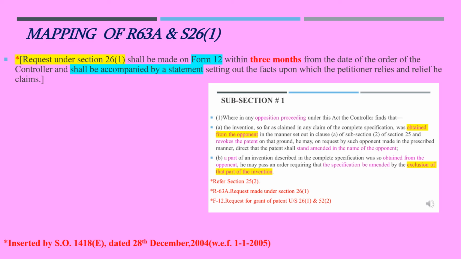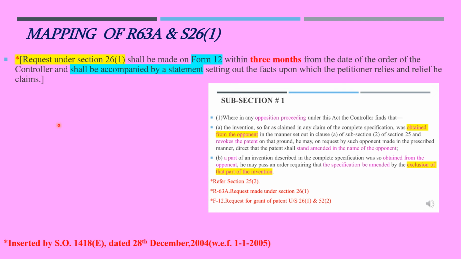Mapping of rule 63A and section 26(1). We can see here this statement is the statement for rule number 63A, and this single star indicates this whole rule is inserted by the Amendment Rules 2005.